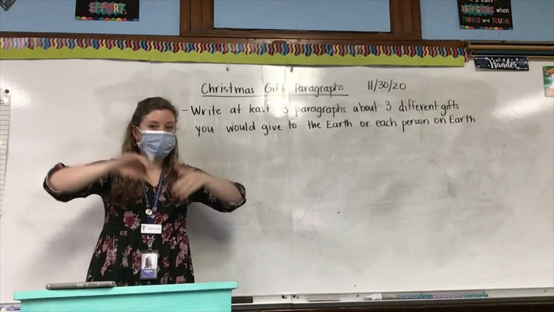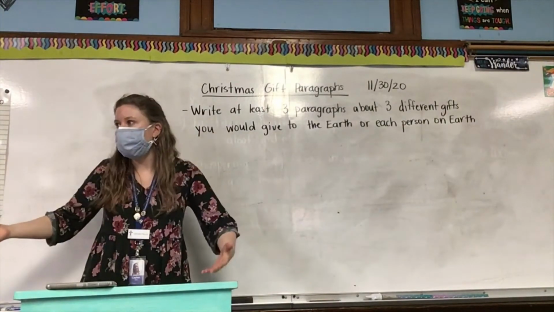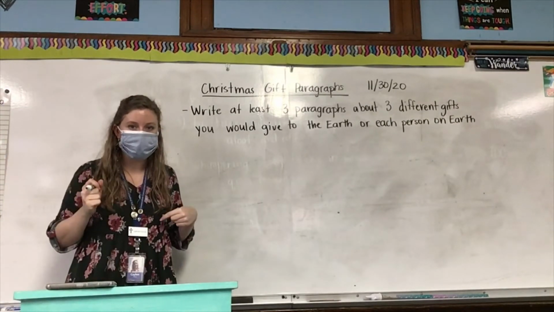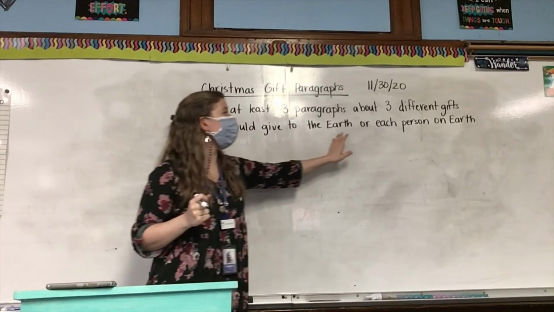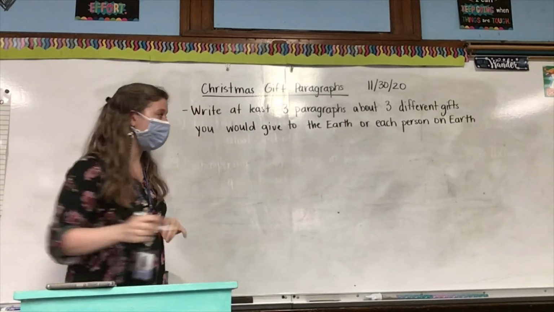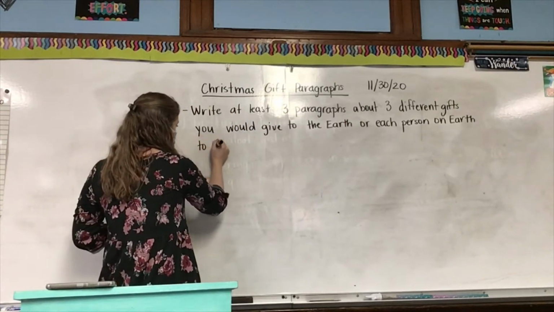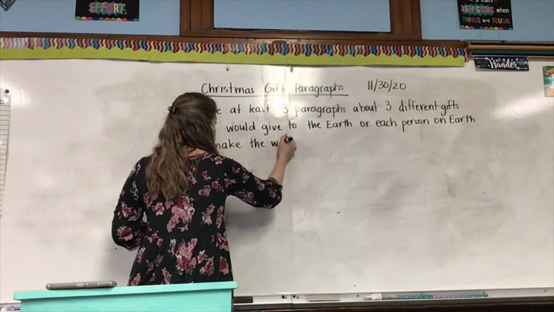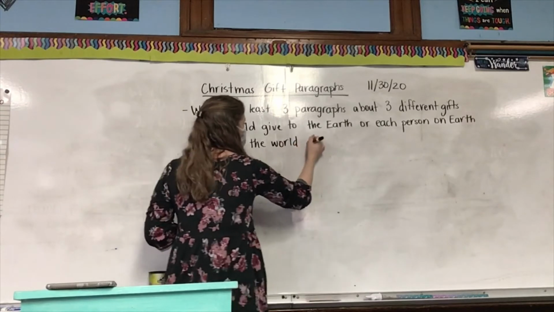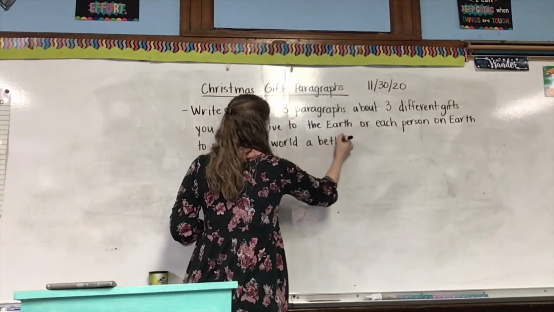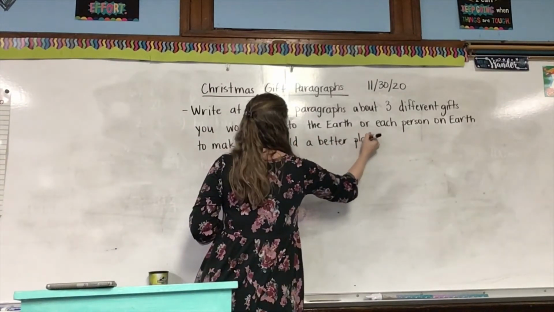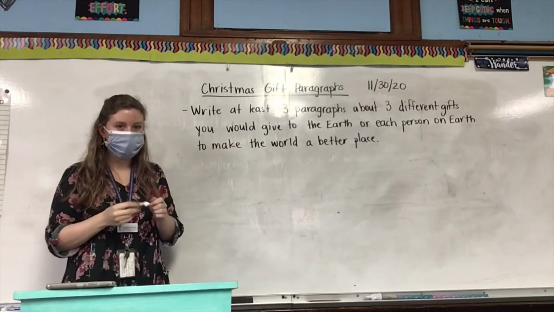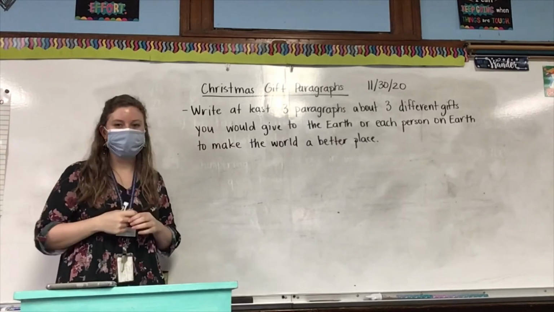So like our earth, basically Mother Earth, what would you give to make our earth a better place? Or what would you give to each person on earth? And this is all to make the world a better place. So this is the assignment.